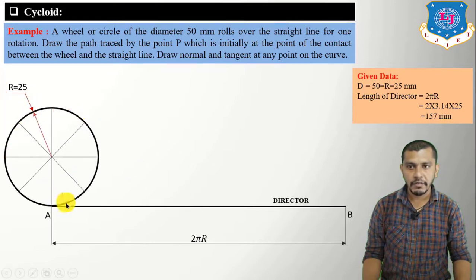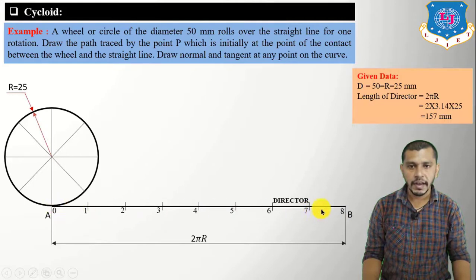Now as we have divided the circle into 8 equal parts, we have to divide line AB into 8 equal divisions also. Divide this line into 8 equal divisions, and give the numbering starting from here: 0, 1, 2, 3, 4, 5, 6, 7 and 8.